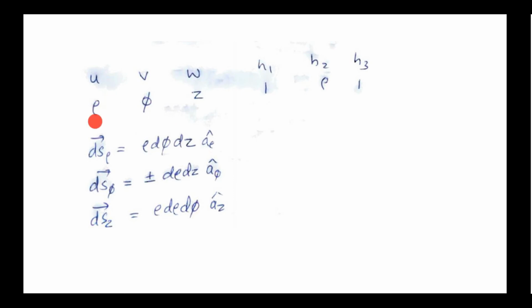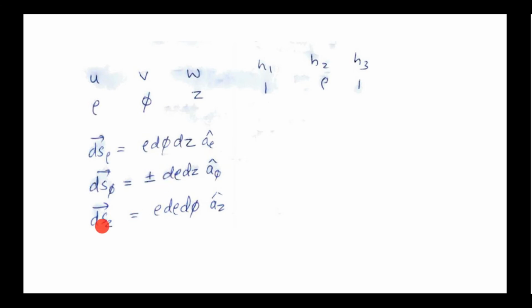When I want this component, I have to take this and this. So h2, h3: rho d phi dz, a rho cap. Now it has only positive direction, whereas ds in the direction of phi, phi meaning the second one, will be d rho dz into 1 into 1, so 1 into 1 d rho dz, but it has both directions, plus and minus.